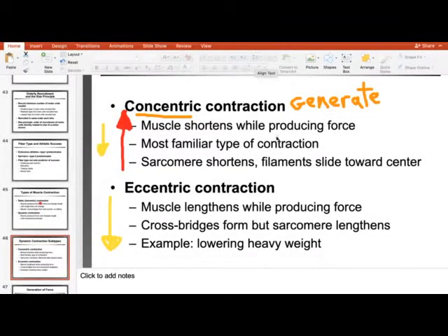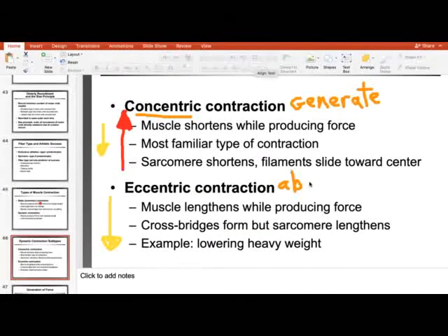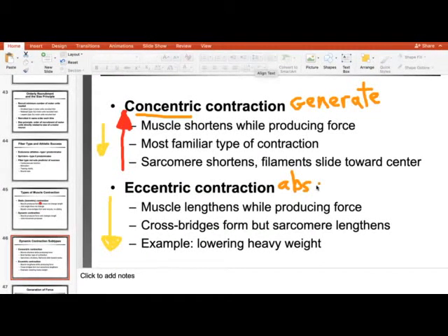And because of that, rather than generating, it's absorbing power. So typically the eccentric muscle contractions, like in a car, absorb. In a car, you generate power with the gas pedal and you absorb power with the brake pedal. So typically in the body, the muscles are acting as the gas pedal and the brake pedal.